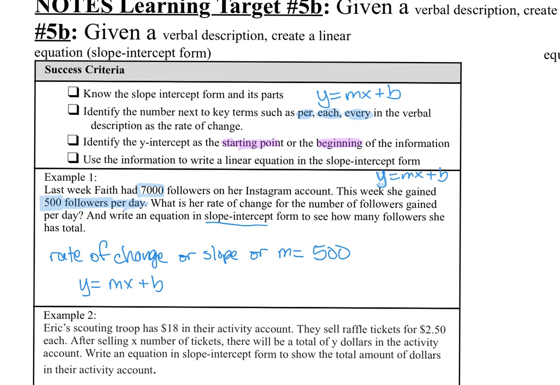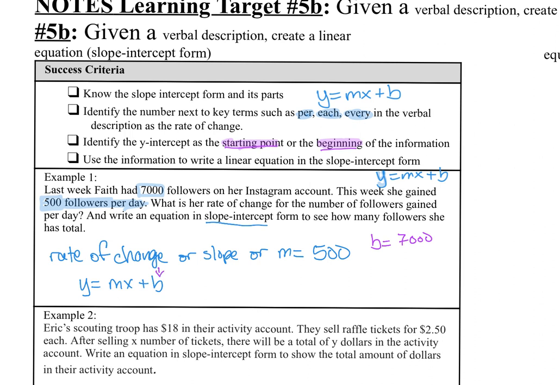Now let's look at our success criteria again: identify the y-intercept as the starting point or the beginning. Last week, Faith had 7,000 followers on her Instagram. So right there, it tells us where we started from. We're going to label that as our starting point, which is our B, 7,000. Excellent.